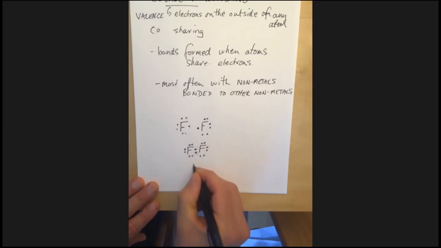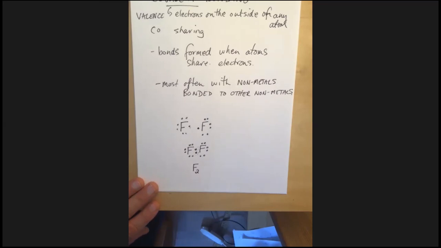And so fluorine will form F2, fluorine gas, as a compound. Okay, so when atoms share 2 electrons with each other, they make a covalent bond? Right. That's exactly what they do. Yeah. And we could do a different one.